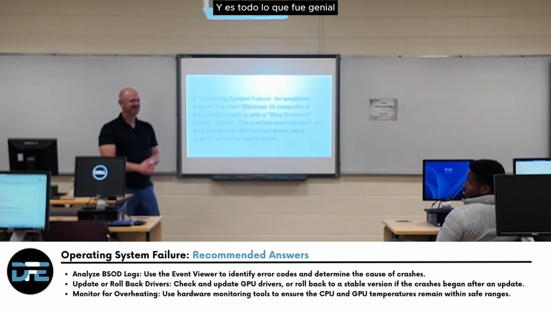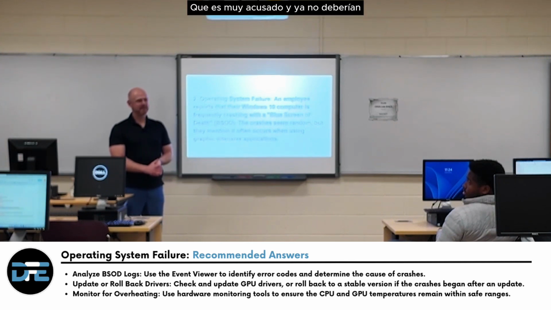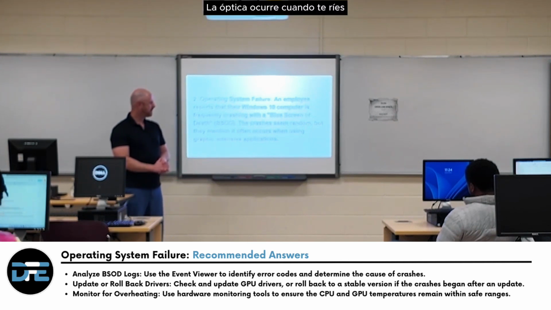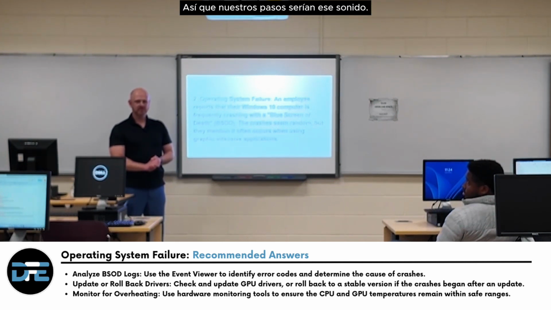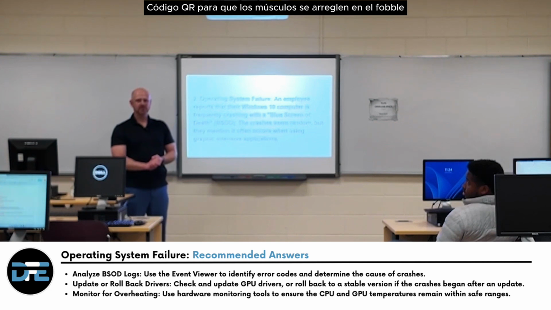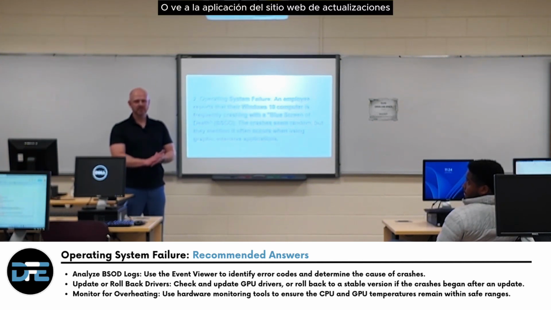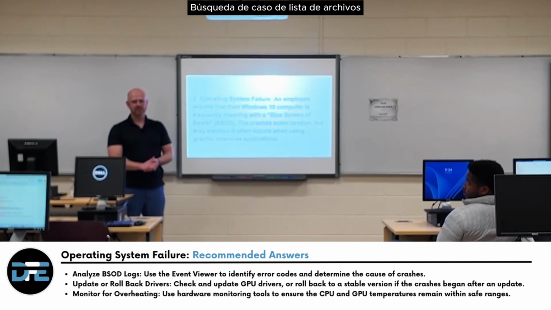The blue screen of death occurs often when you use a graphics-heavy application. So our steps would be to scan the QR code to get more specifics on the problem and see why it's crashing, or go to the application's website and check for problem specifications.